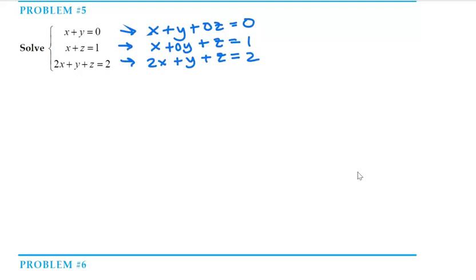I can see here, I already have a 0z on that first equation, and I just have a z and a z on the second and third equation. So I'm going to choose to use equation 2 and equation 3 and combine those together to eliminate the z. Okay, so I'll just write it here what I'm doing. So I'm going to eliminate z, and let me just write these underneath here.